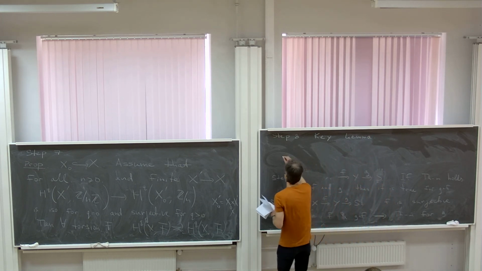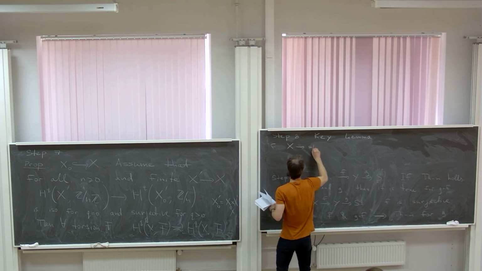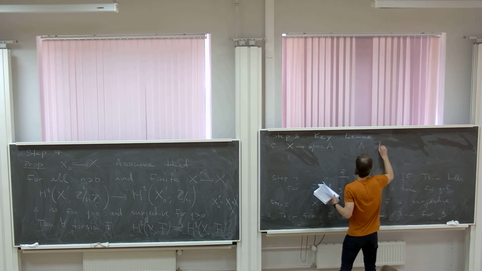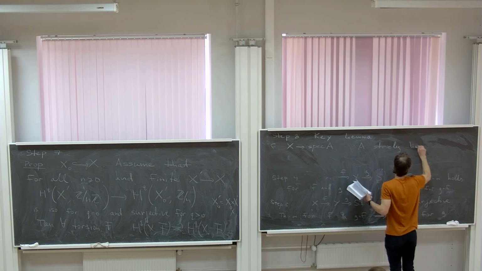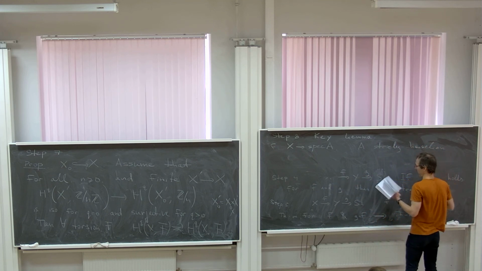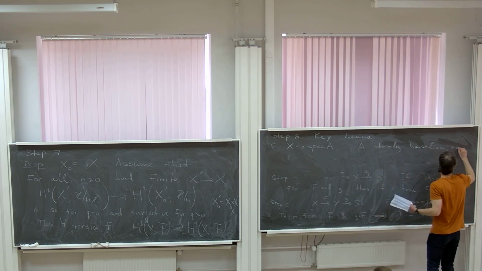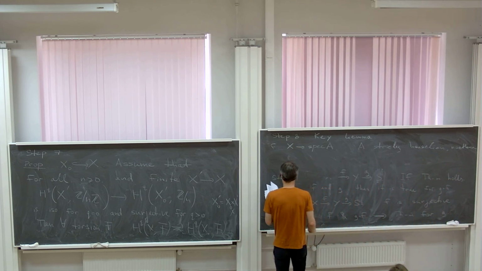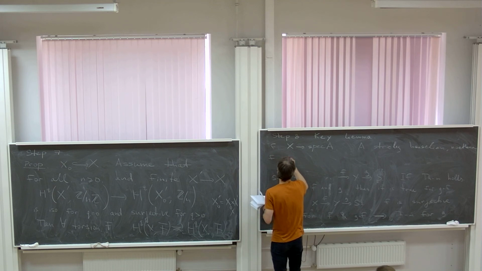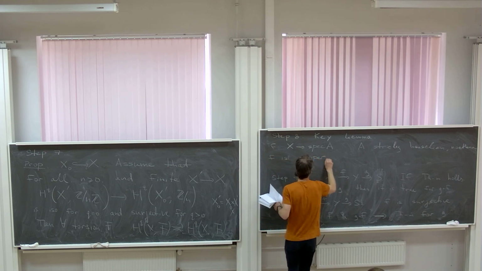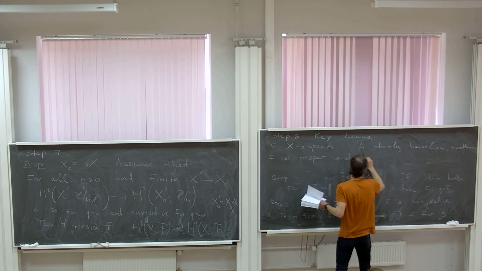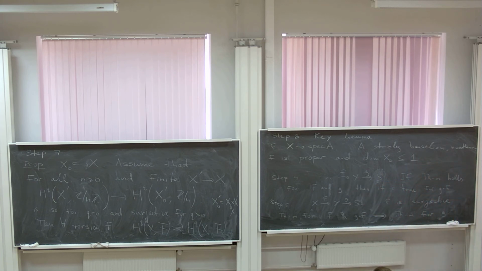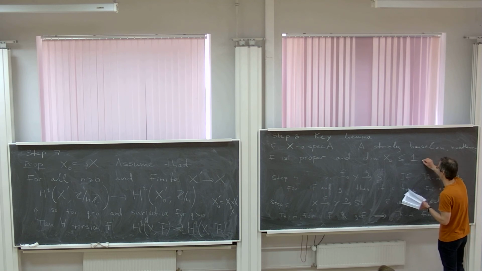So the key lemma is the following. So F is X to Spec A, A strictly Henselian, Noetherian, and F is proper, and dimension of X0 is less or equal than 1.